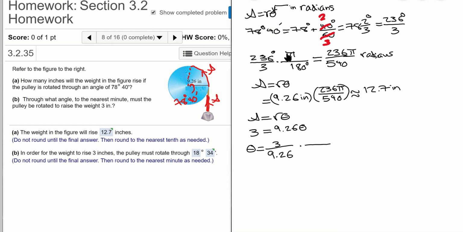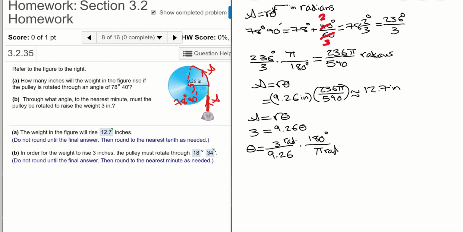Instead of multiplying by pi over 180, this time we're going to multiply by 180 over pi, because even though we don't write radians next to this, we know that it's there. In fact, if we want to, we can even put radians here and here. It doesn't matter because they're going to cancel out.